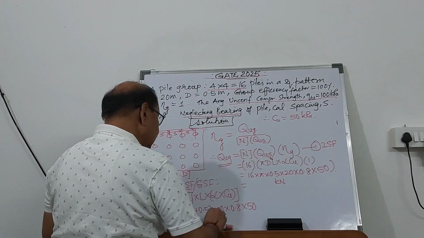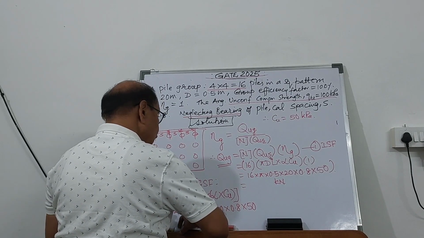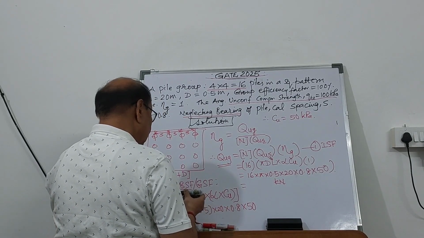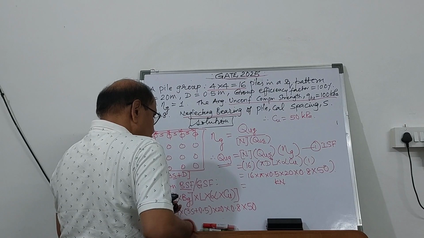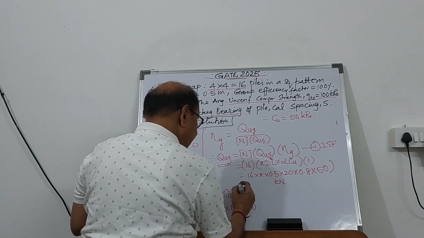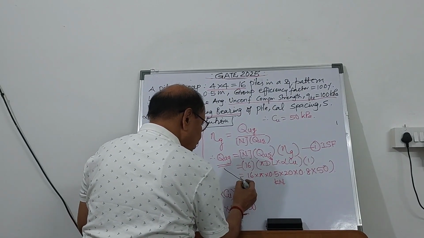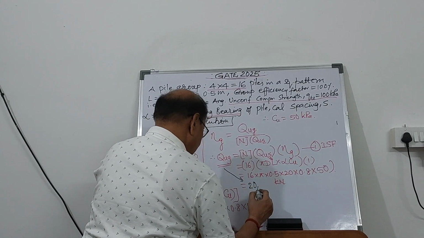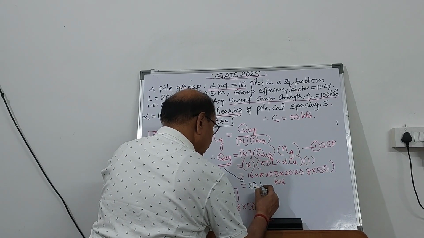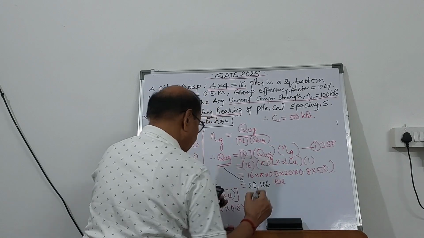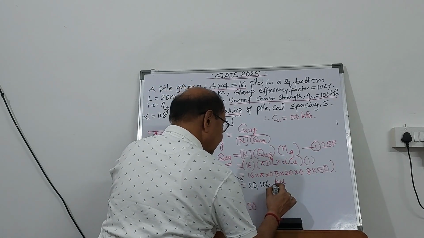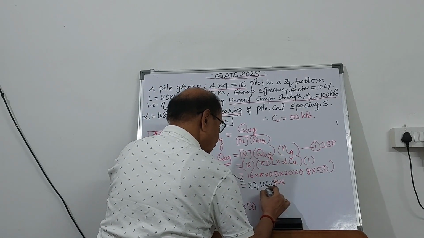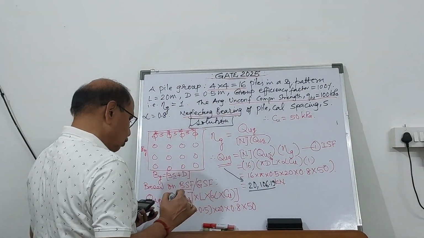This is 20,106. So QUG therefore comes out to be 20,106.19. This is the value of QUG.